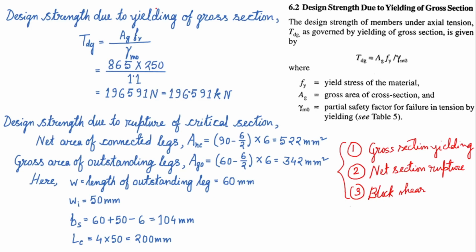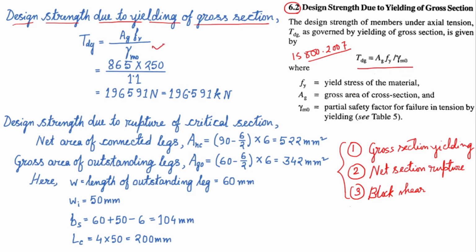First of all, we are going to calculate the design strength due to yielding of gross section of the angle. So we have to follow clause number 6.2 of IS 800:2007. Under clause 6.2, one formula is given, TDG equals AG FY by gamma m0.